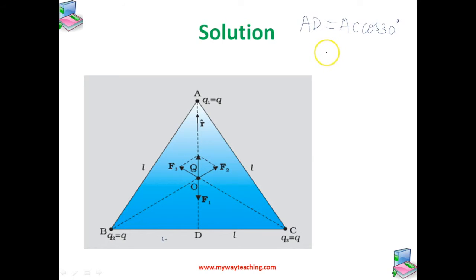AC is L, and cos 30 is root 3 by 2. So AD is root 3 by 2 L. We know this.